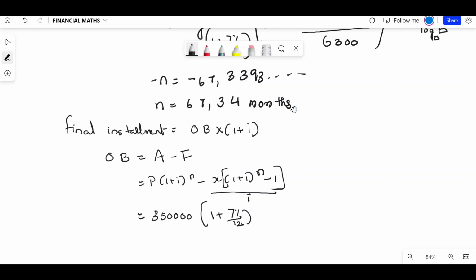When it says 67,34 months, let me write it as a note for you. What you need to understand is there were 67 full payments and 1 lesser payment. That is the meaning of it.